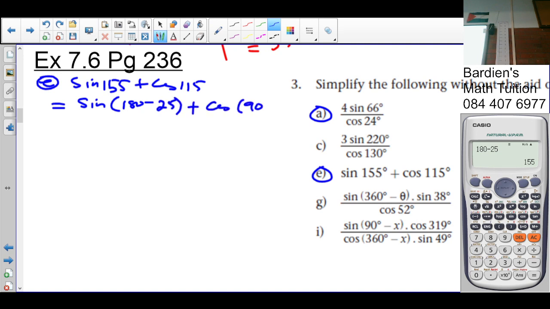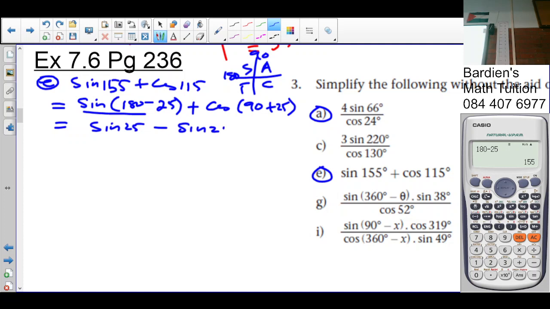Now I'm going to try and bring 25 in, so it's going to be 90 plus 25. So it's the All Stations to Claremont diagram again. 180 minus takes you to the second quadrant. Sine is positive in the second quadrant, so it's sine 25. 90 plus takes you to quadrant 2. Cos is negative, although it changes to sine of 25. That cancels, give you an answer of 0.